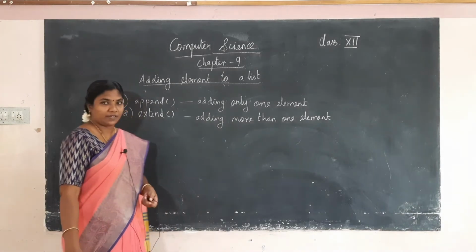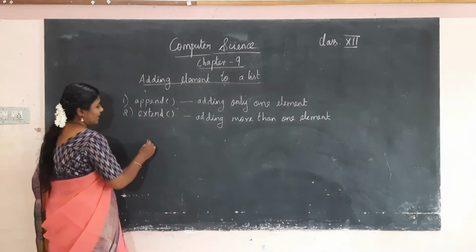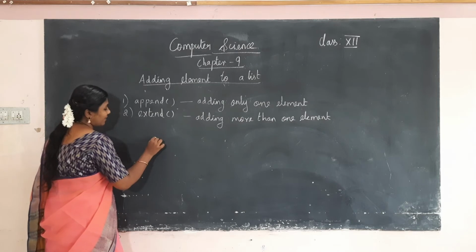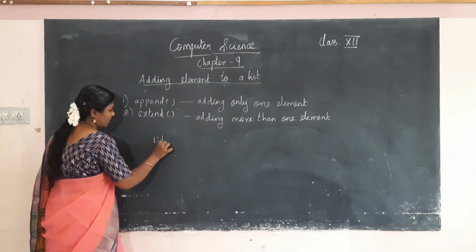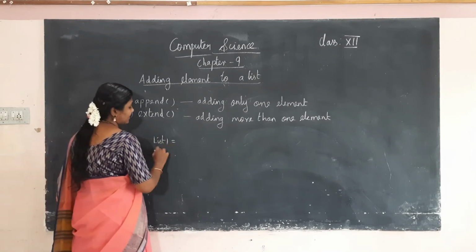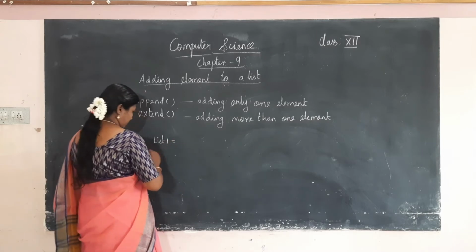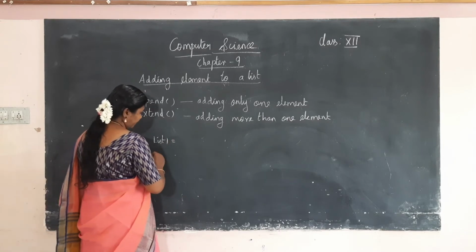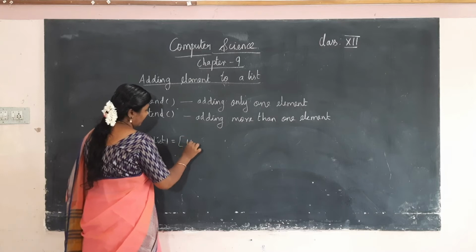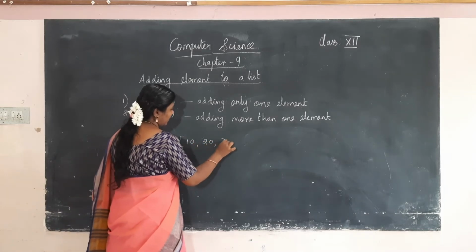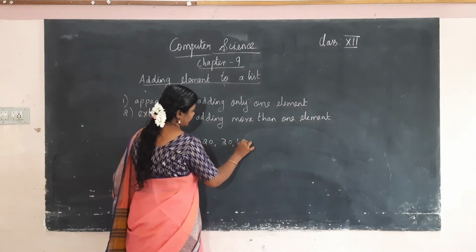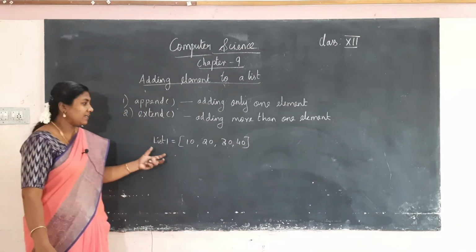So let us see how. Suppose I have a list1 equal to 10, 20, 30, 40. Clear? I have a list like this.